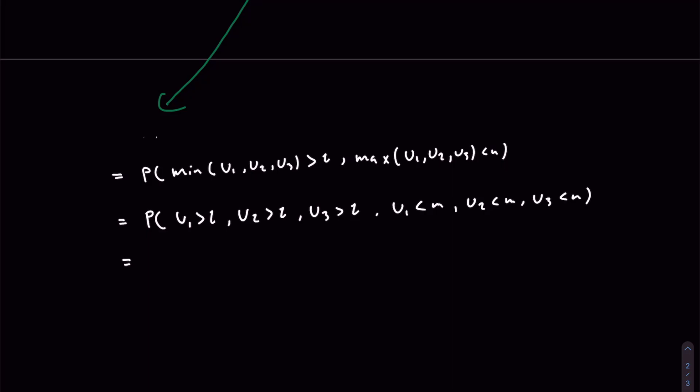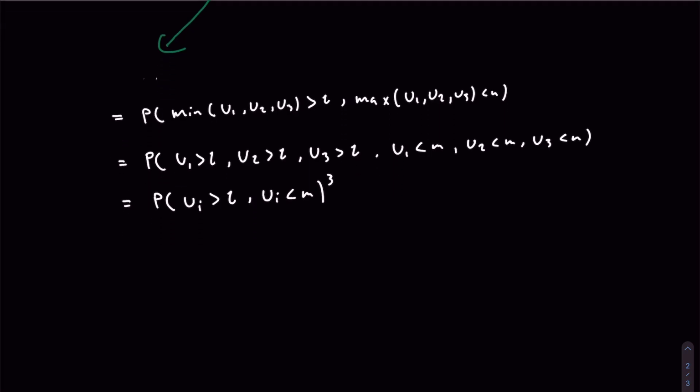basically what I mean by that is that we have the probability of Ui, so for all of this symmetry basically, U1 is larger than L but less than M, and the same for U2, and the same for U3. So what we have is Ui is larger than L, at the same time Ui has to be less than M, and we have that 3 times.